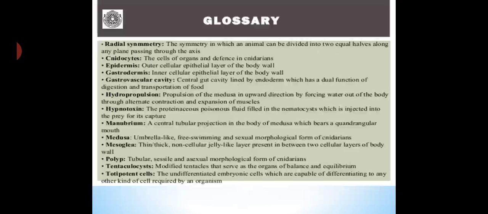Tentaculocysts: modified tentacles that serve as the organs of balance and equilibrium. Totipotent cells: the undifferentiated embryonic cells which are capable of differentiating into any other kind of cells and required for gamete formation.